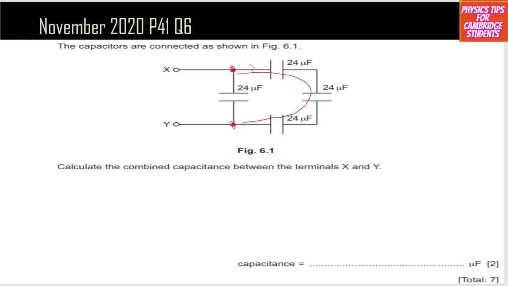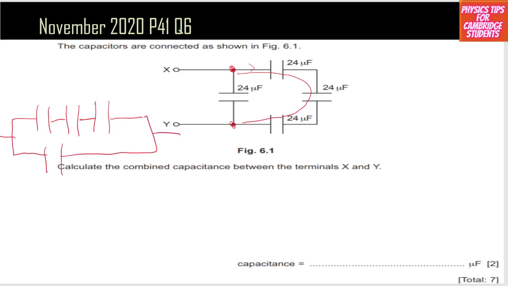So you can rearrange them to be like this. Okay, so these are in series. That's what it means. And then the junction now is been across that. So we've got it like this. So X is here and Y is there.